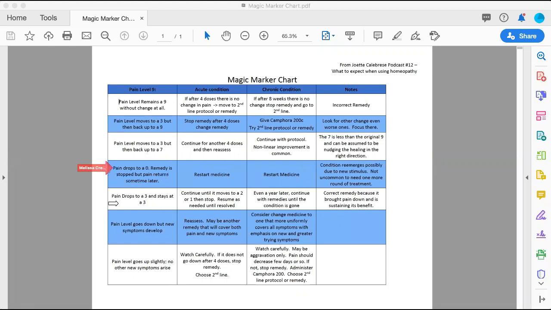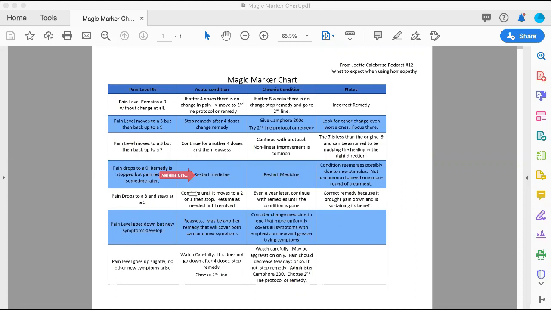If your pain drops to a 0, then you stop the remedy and the pain returns, then you restart the medicine that worked the first time. So every time, no matter whether you're dealing with an acute or chronic condition, when you're very much better, then you're going to stop the remedy always.